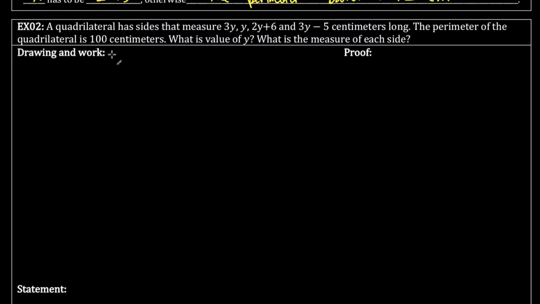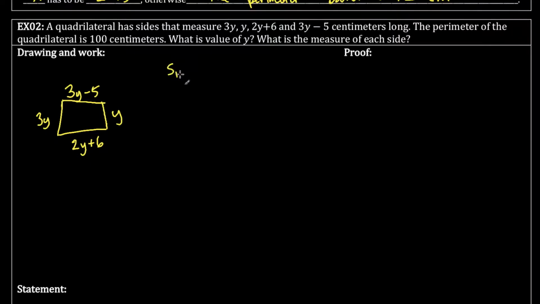Now let's look at example 2. So a quadrilateral. So this is 4 sides. I don't, once again, know exactly how this works. Maybe it looks like that. So we have y, 3y, 2y plus 6, and 3y minus 5.